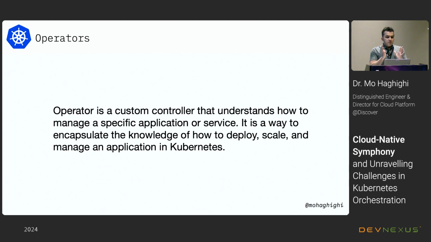An operator is a custom controller that understands how to manage a specific application or service. It's a powerful concept that enables you to automate the management of complex and stateful applications in Kubernetes.